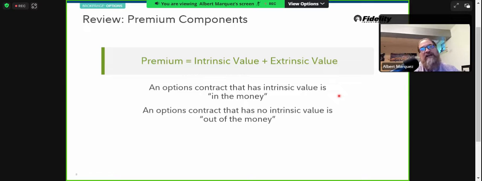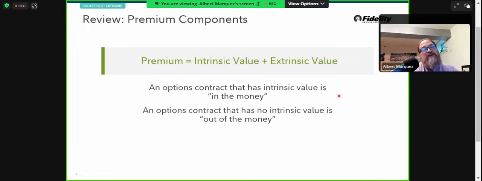The other side of that is the extrinsic value. Remember, I said there are four main elements to option pricing. We just discussed the fact that intrinsic is underlying price and strike price. Extrinsic is made up of the time value and the volatility component. So, let's say we get back to that same option, that 100 call when the stock is trading at 105.